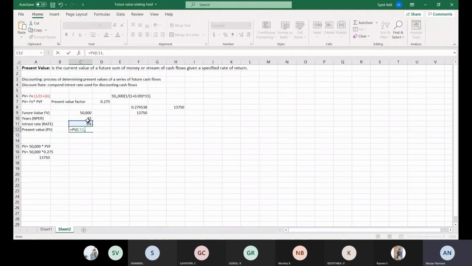Interest rate is 9%. Let me use this one. How much rate? 9%. 9% means 0.09, comma NPER is 15, then PMT 0, then future value 50,000.